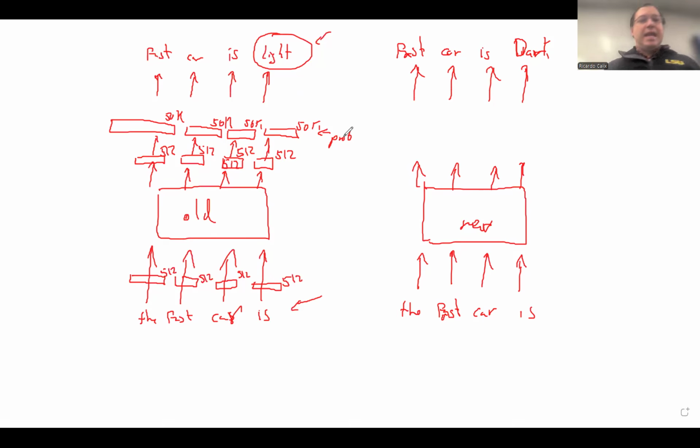Do you see that? And now, over here is the same thing. Okay, so 512, the embedding. 512, the embedding. 512, the embedding. 512, the embedding. And then we had in the final layer, if you remember, just something that maps from the embedding size back to the vocabulary size.